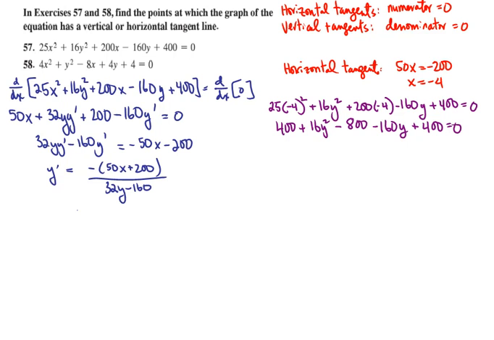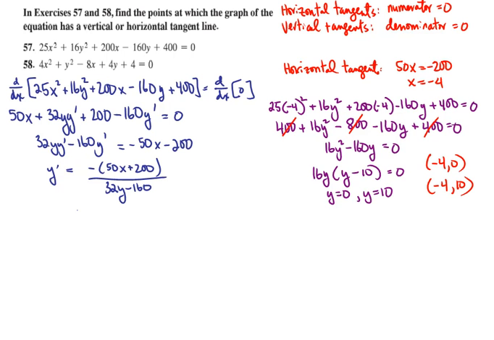And fortunately, the 400, negative 800, positive 400 will zero out. We'll be left with 16y squared minus 160y equals 0. If we factor out a 16y, we'll see that when x is negative 4, y will be 0 or 10. And so those are the points where the curve has a horizontal tangent: negative 4, 0 and negative 4, 10.